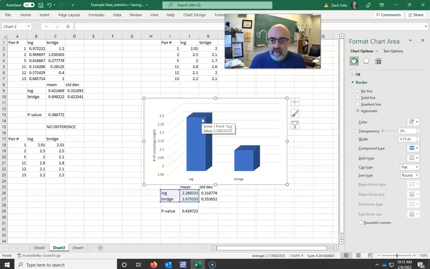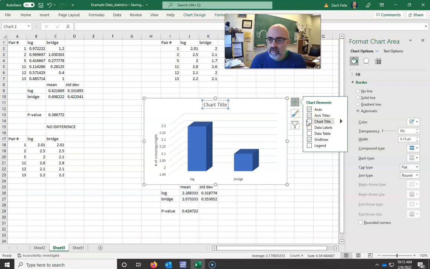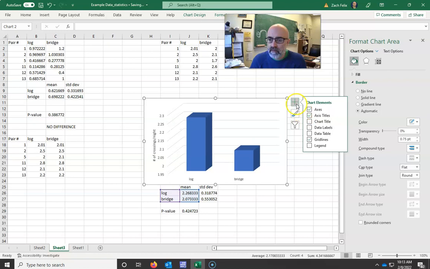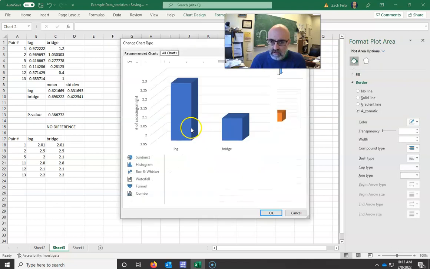And then you're going to put on your error bars. Okay, so again, you're going to go here. I think the problem is I used the 3-dimensional.